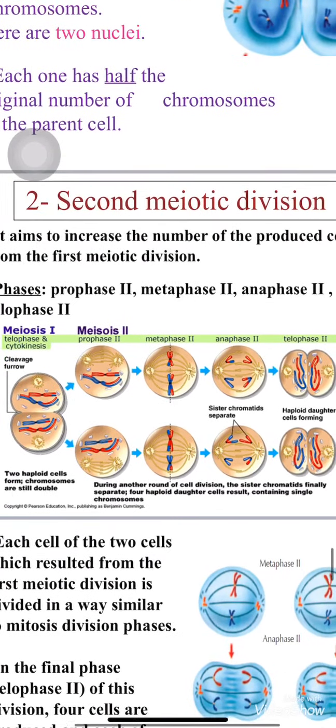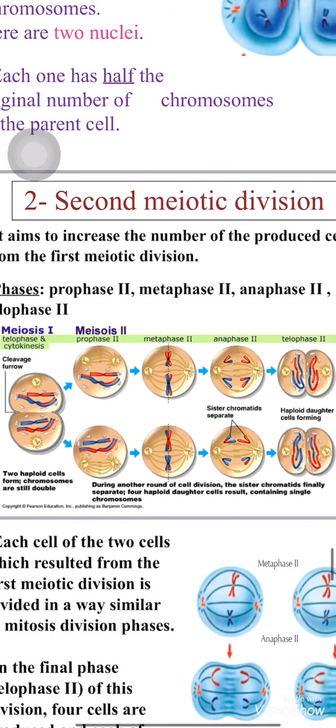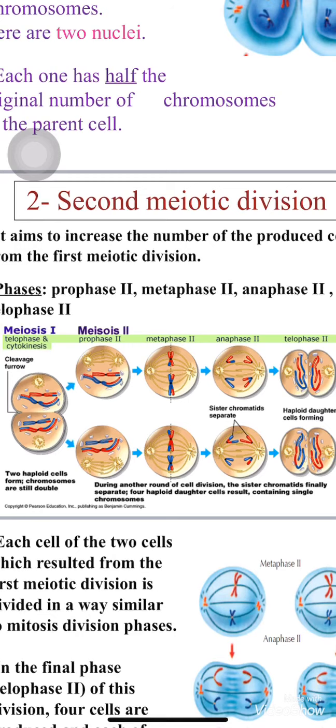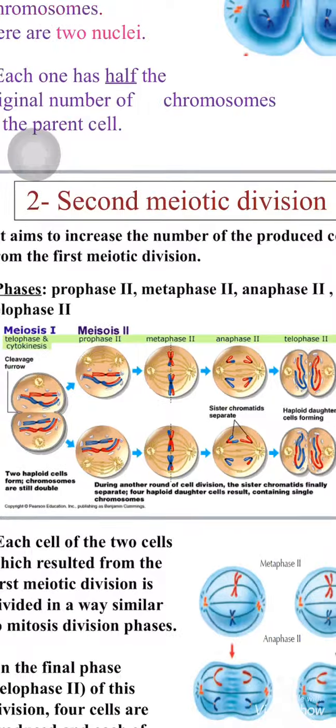What happens in mitosis? As we know, yes, mitosis has prophase, metaphase, anaphase, and telophase. The same in the second meiotic division: prophase 2, metaphase 2, anaphase 2, telophase 2. The same steps are done here.